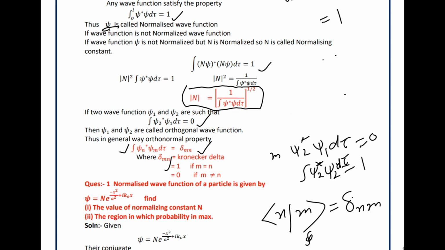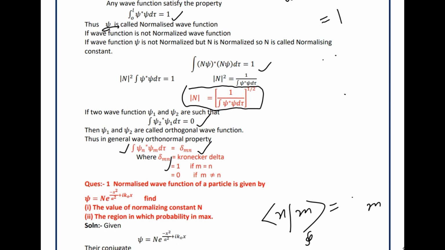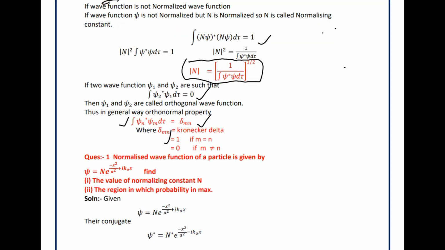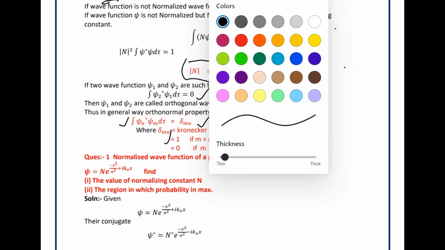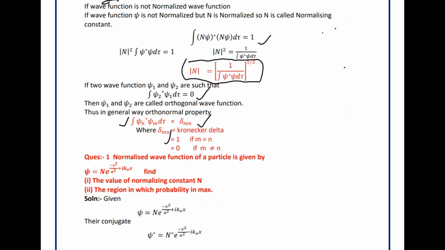Now take some examples related to the normalizing property. My first example: to normalize the wave function psi is equal to n e to the power minus x square upon a square plus i k naught x, find the normalizing constant n.